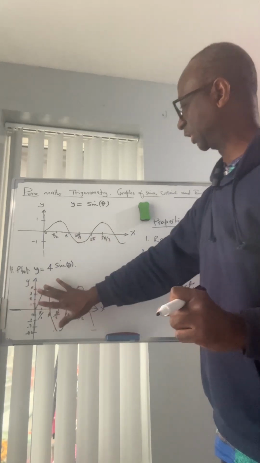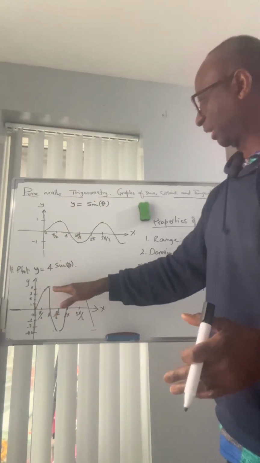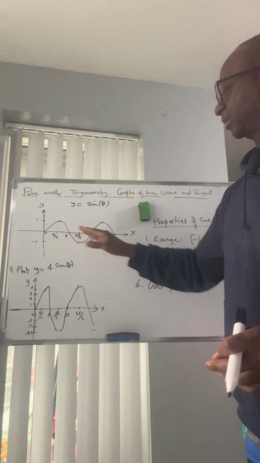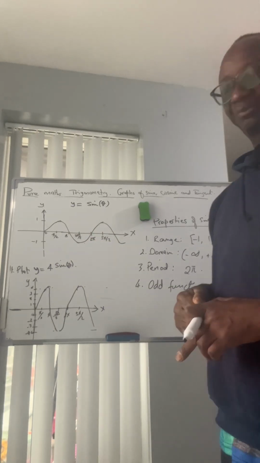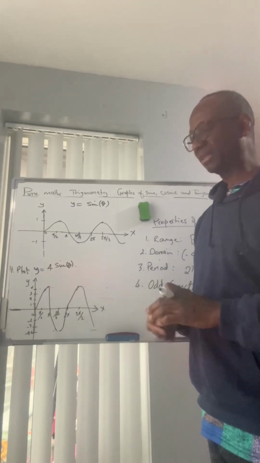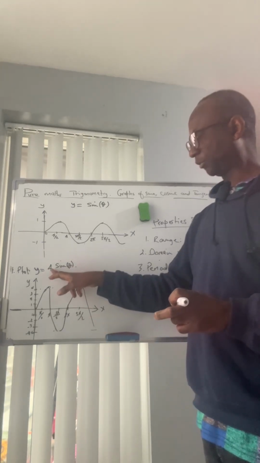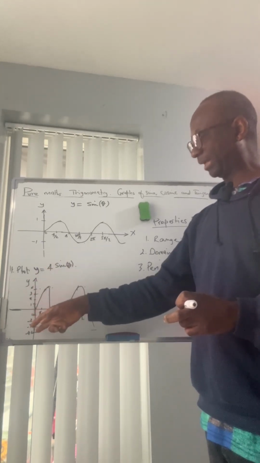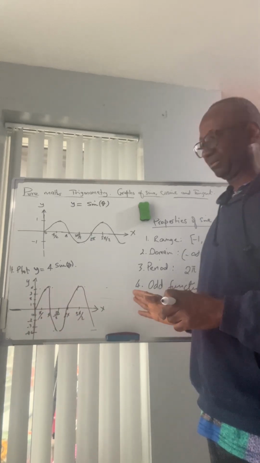So what has changed is only the stretch of the graph. Everything else remains the same. So this is how you plot y equals 4 sine theta. The 4 affects only the y-axis, nothing else.